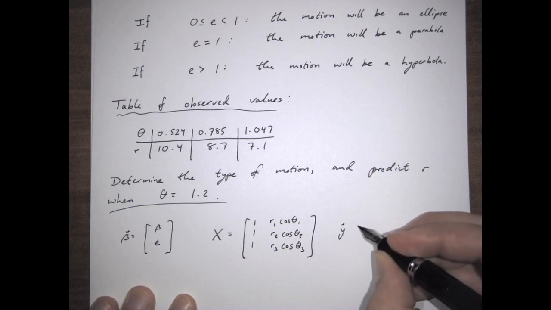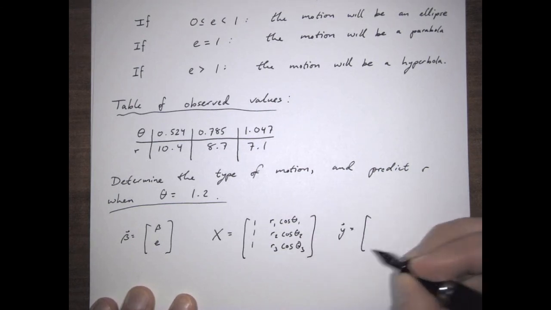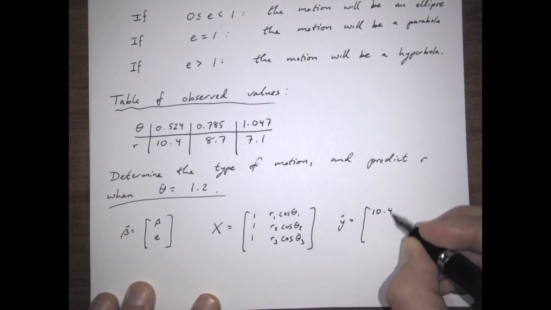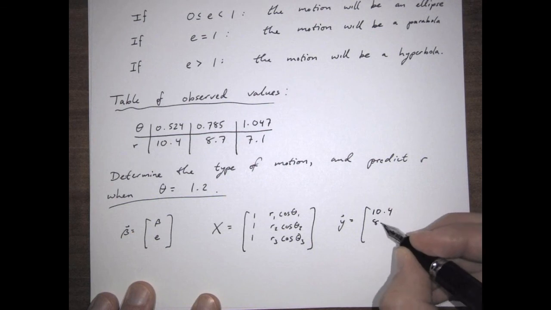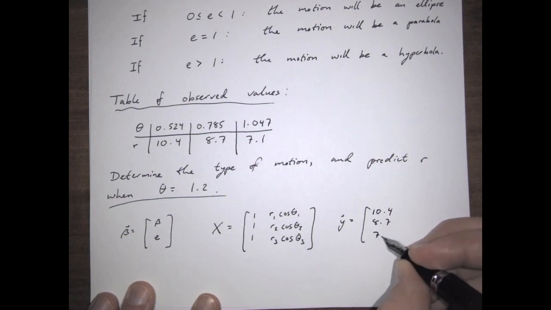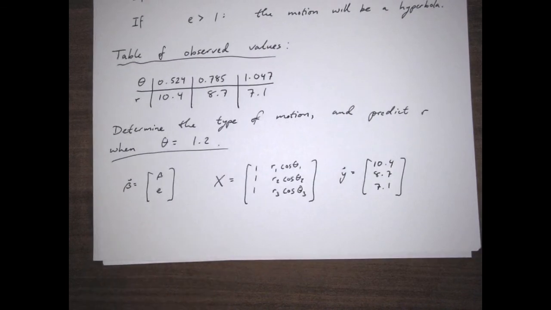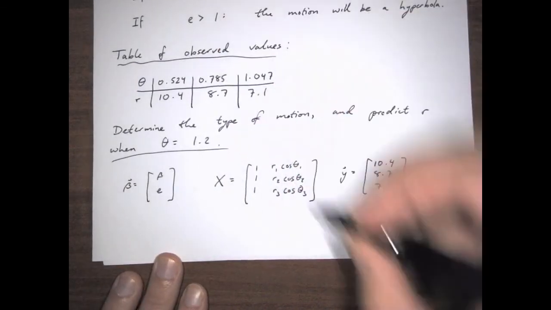And then y here is going to just be equal to the r's: 10.4, 8.7, and 7.1. Where these are just coming from over here.